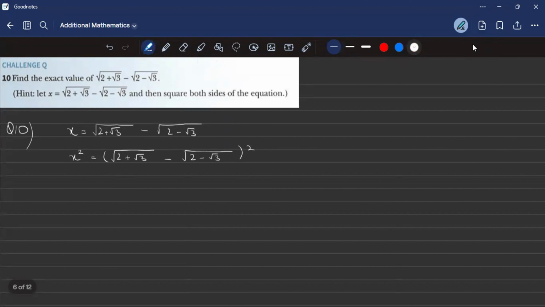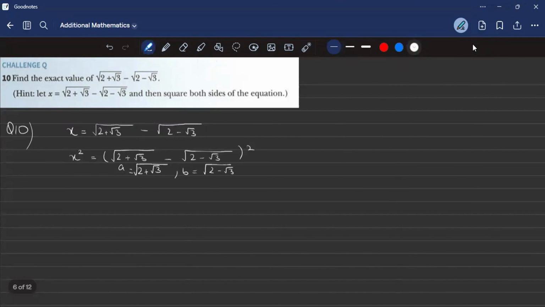Now what is the next step? How are we going to open this type of quadratic expression? a minus b whole squared, where a is equal to under root of 2 plus under root 3 and b is equal to under root of 2 minus under root 3.